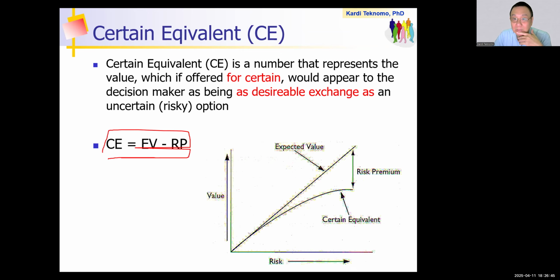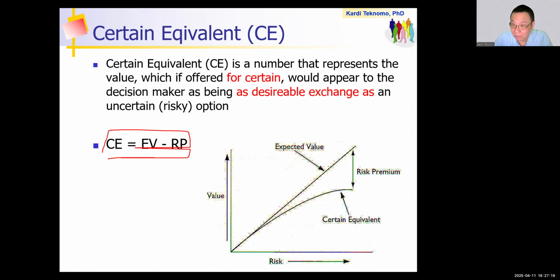The certain equivalent is the number that represents the value which, if offered for certain, would appear to the decision maker as a desirable exchange for the uncertain or risky option. This concept has been used for many years in insurance.